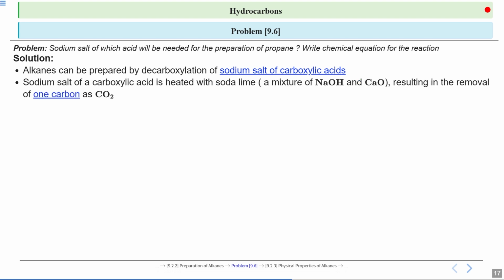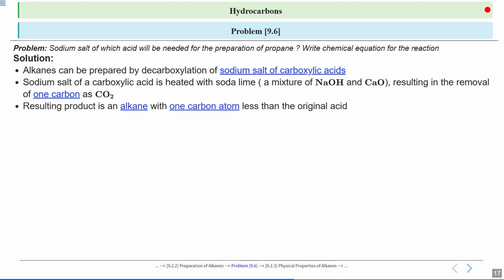In this process, the sodium salt of carboxylic acid is heated with soda lime, which is a mixture of sodium hydroxide NaOH and calcium oxide CaO. This reaction removes one carbon atom as carbon dioxide, which is crucial for understanding how the carbon chain is shortened. The product of this reaction is an alkane with one fewer carbon atom than the original carboxylic acid, and it is an important concept because it helps us to predict the resulting alkane based on the starting acid.